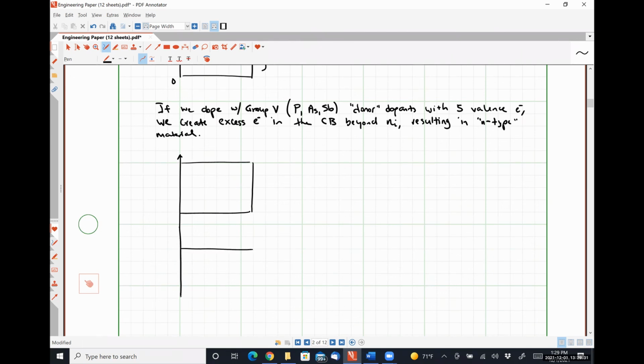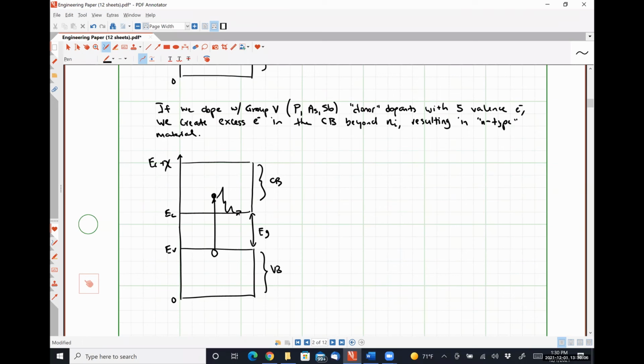So if we start with an intrinsic crystal, band gap, we're at a temperature greater than 0 Kelvin.